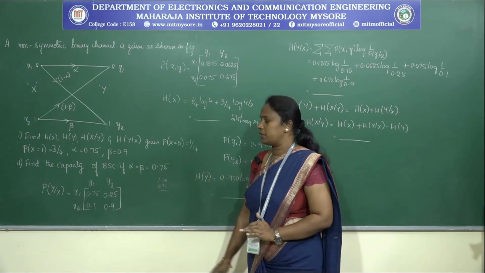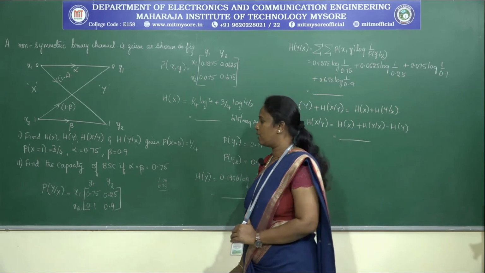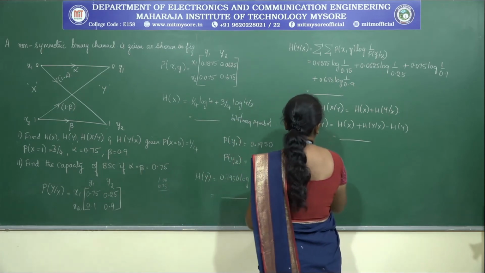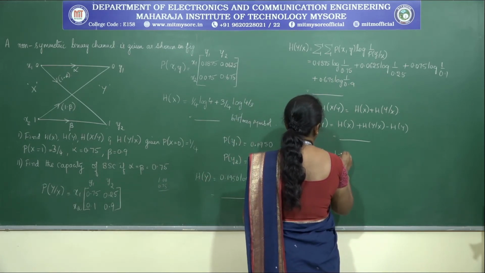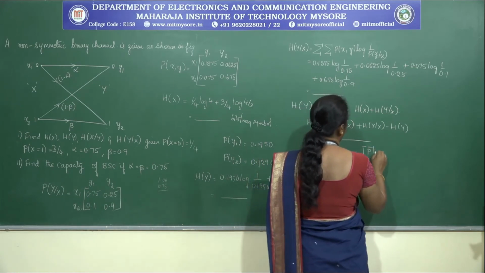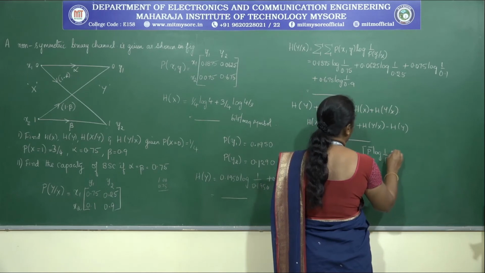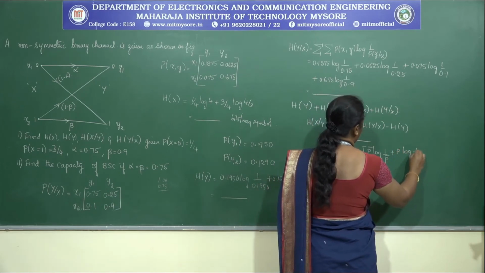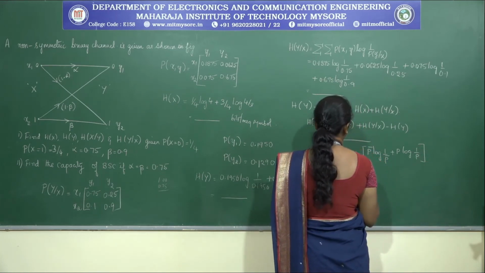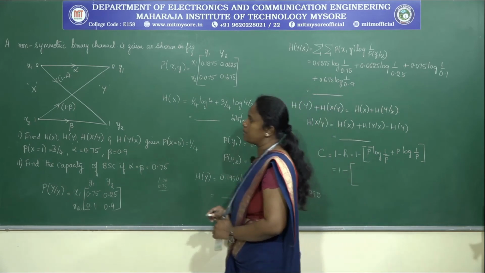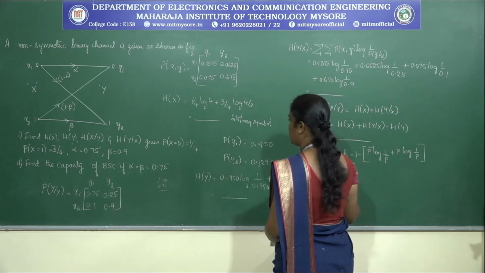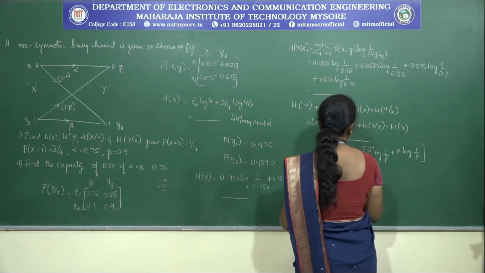Next we need to calculate the channel capacity of the binary symmetric channel if alpha equals beta is equal to 0.75. So what is channel capacity given by for a binary symmetric channel? It is 1 minus h, which is nothing but 1 minus p bar log of 1 by p bar plus p log of 1 by p. Here p bar is your alpha, and alpha is 0.75.